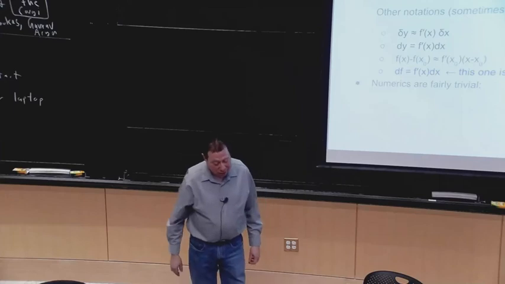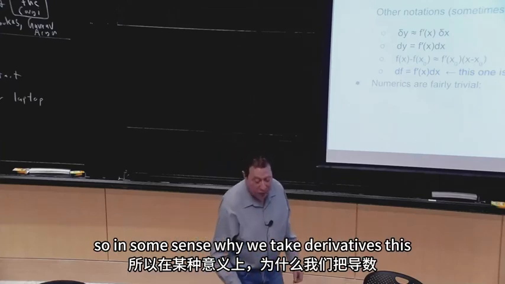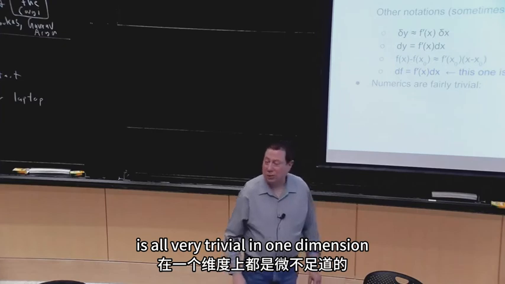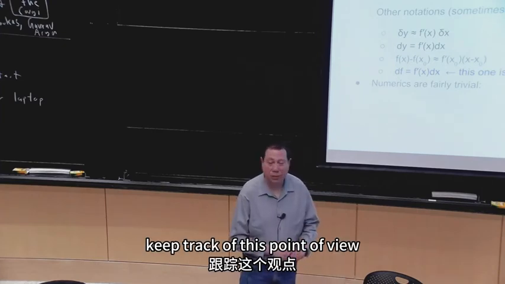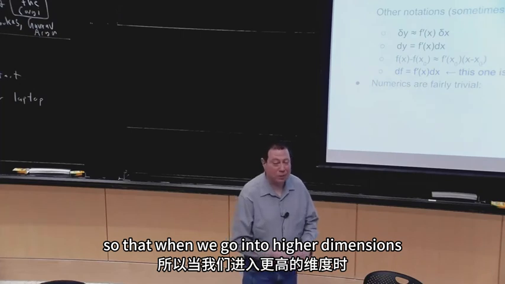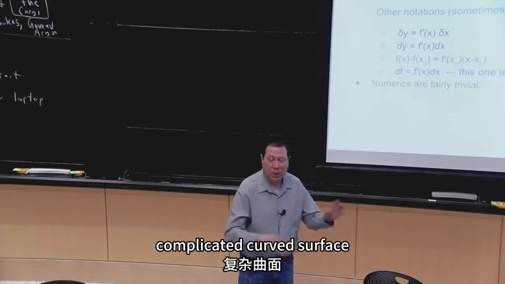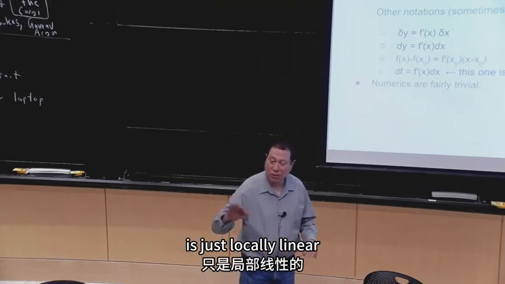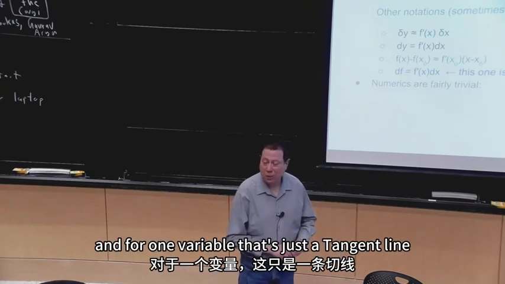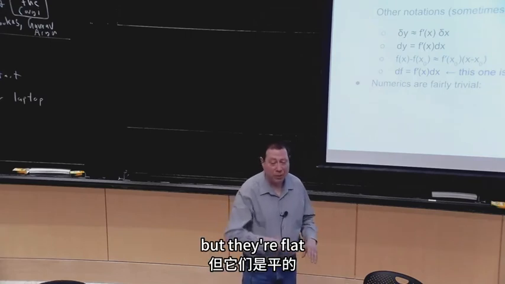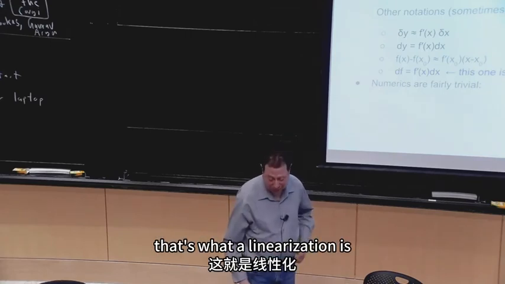This is all very trivial in one dimension, but it's good to keep track of this point of view so that when we go into higher dimensions, you remember that calculus is really about pretending some complicated curved surface is just locally linear. For one variable, that's just a tangent line. For multivariables, you have planes, hyperplanes, and so forth. But they're flat. That's what a linearization is.